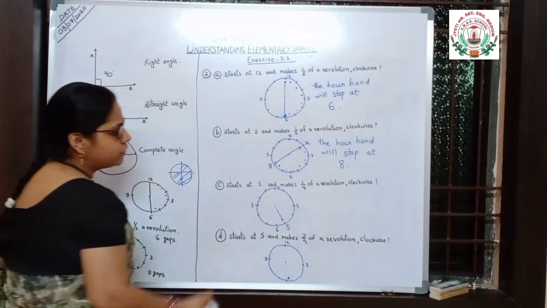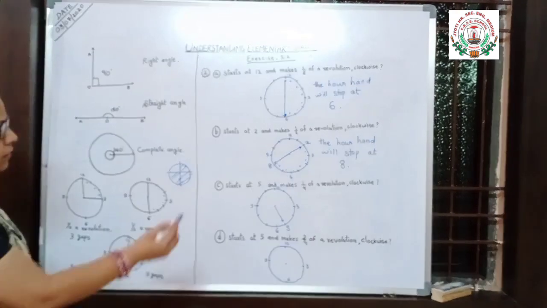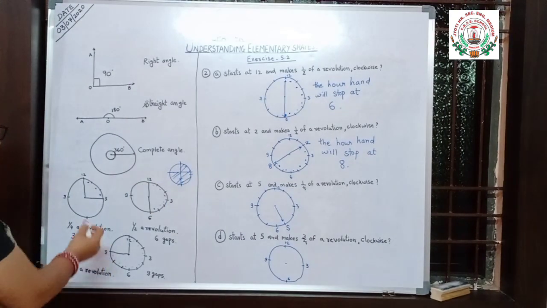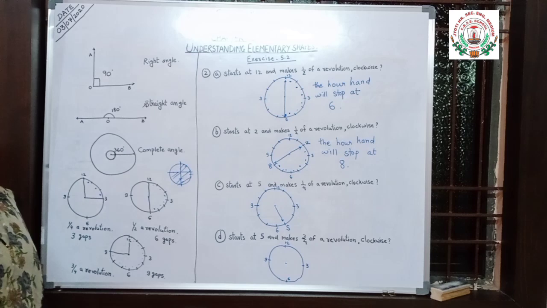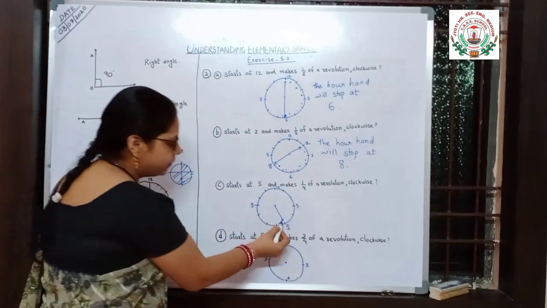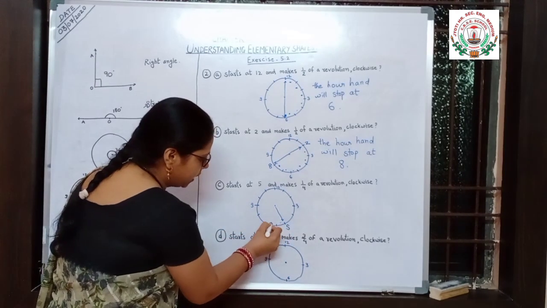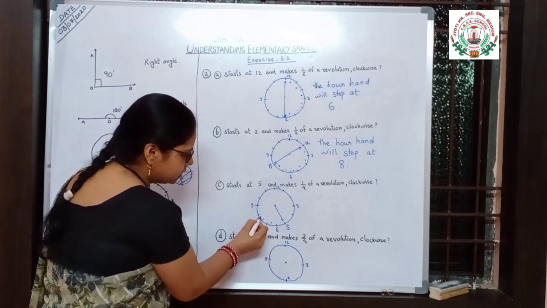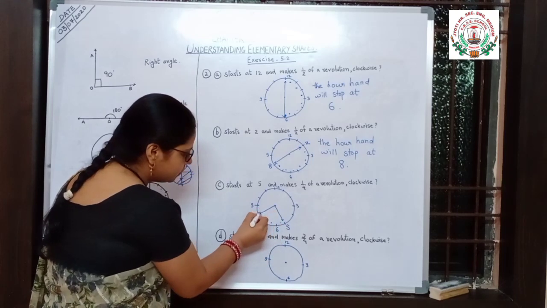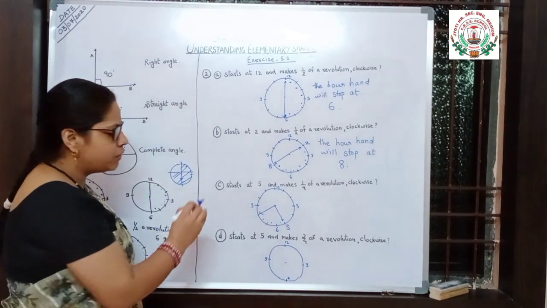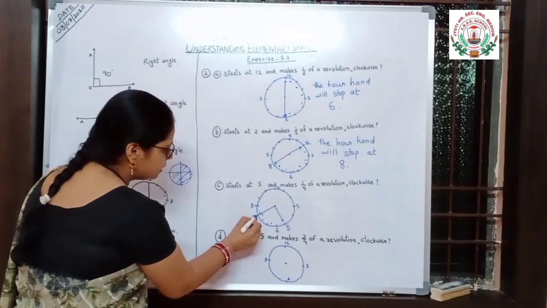Now for 1/4 revolution, how many gaps do you have to cover? For 1/4 revolution, you have to cover 3 gaps. So after this 5, you count 3 gaps. After covering these 3 gaps, the hour hand will stop here. Now what is this number? This number is 8.